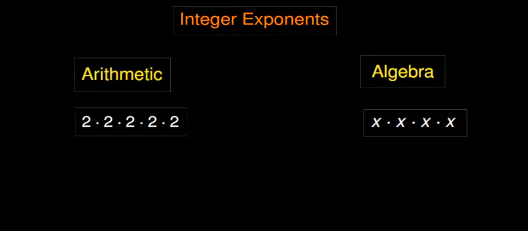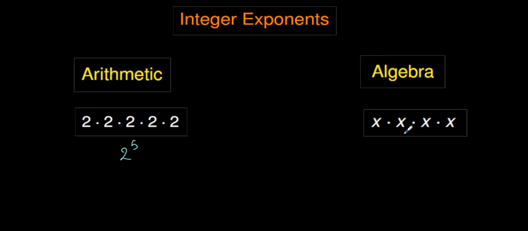For arithmetic, instead of writing 2 times 2 times 2 times 2 times 2, we multiply 5 twos, so we can write it in this way. Right now we don't know how to read that, but we'll learn how to do it.